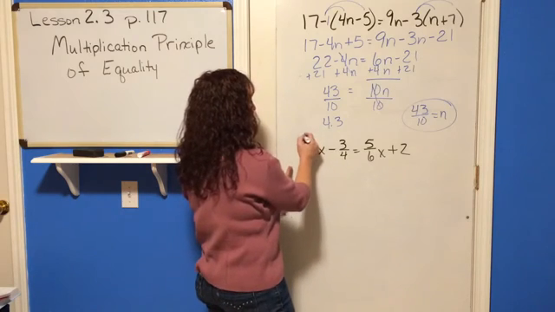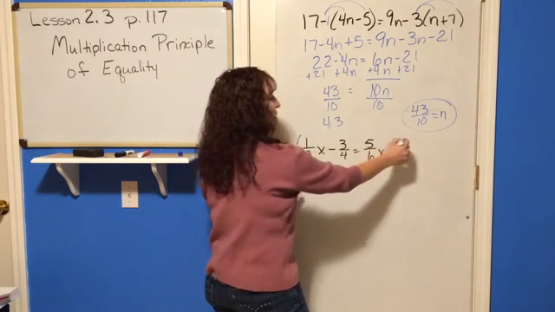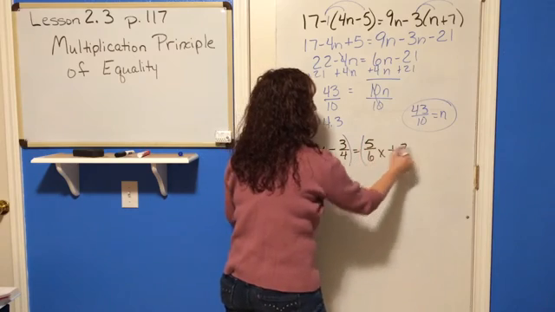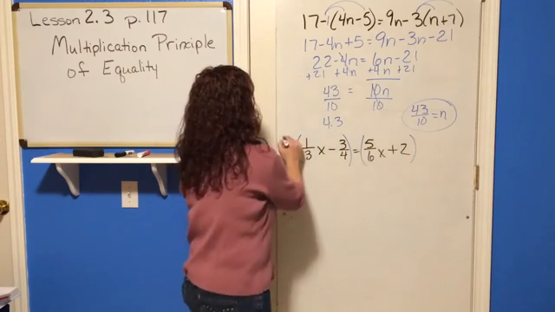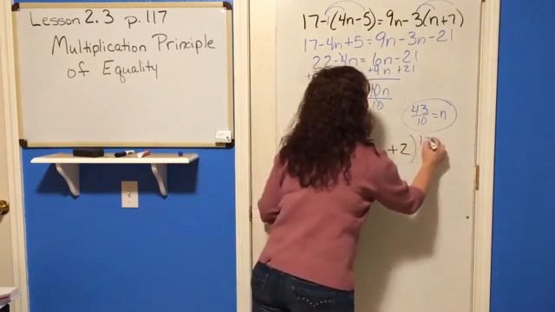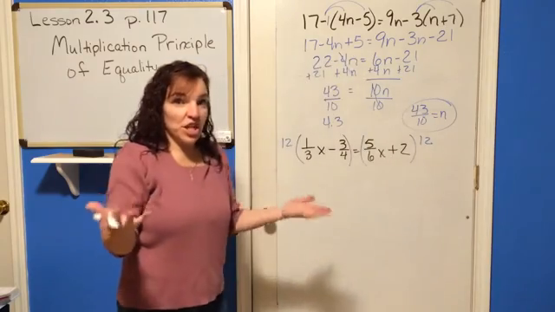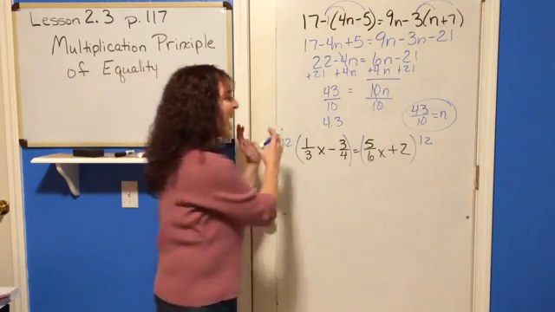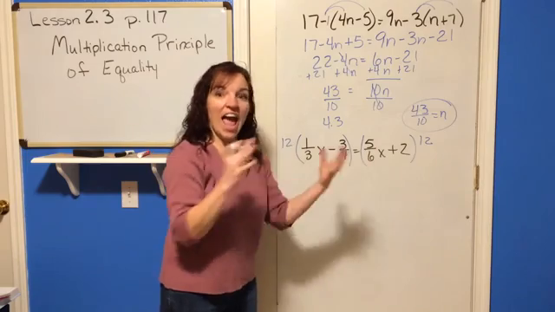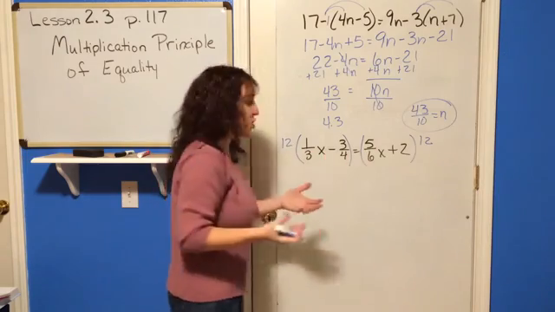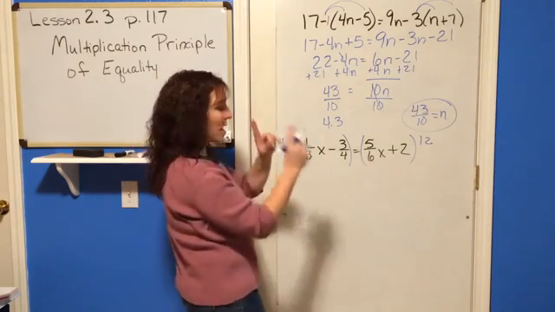And if I multiply everything in the entire equation by 12, then I haven't changed anything. As long as I multiply everything by 12, I haven't changed the value of the equation. So let's do that and watch what happens.